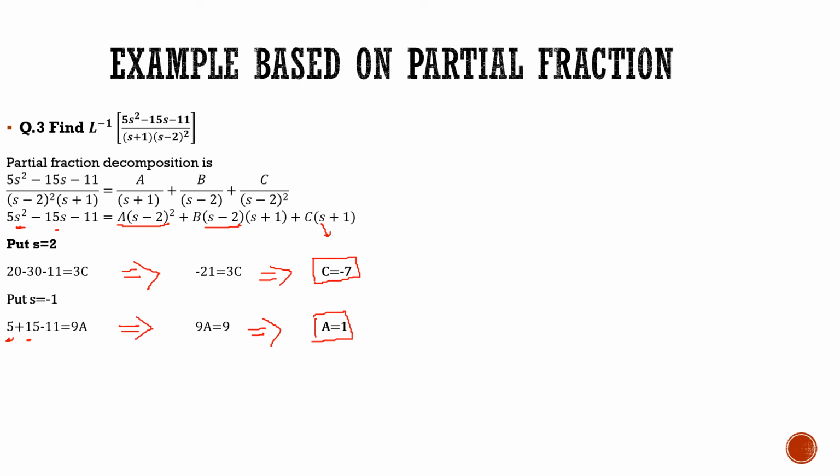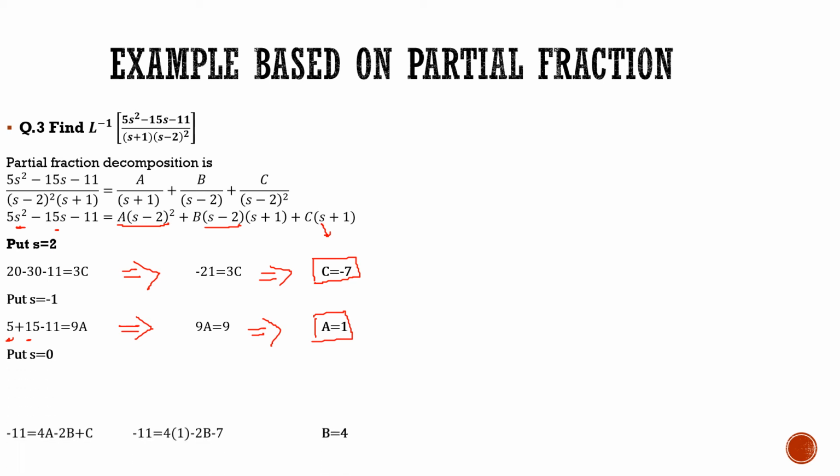Okay, now again the third coefficient I want to find, so I'll put other values like 1, 2, 3, whatever you want you can put. So I'll put s is equal to 0, so my left hand side will be minus 11.